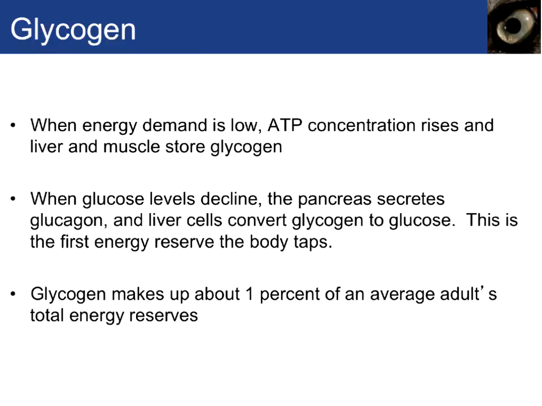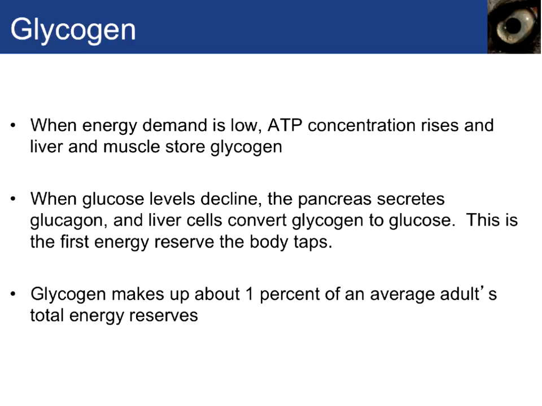When energy demand is low, ATP concentration rises, and liver and muscle cells store glycogen. So they store excess glucose. Whereas when you start using it, if you're exercising, glucose levels are going to decline, and the pancreas secretes glucagon, which causes the liver cells to convert glycogen back into glucose.